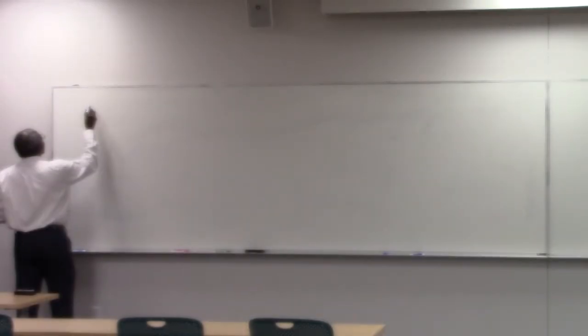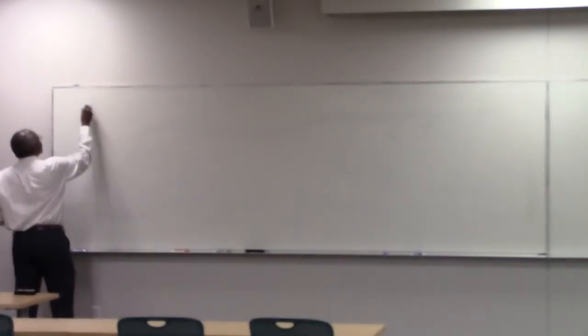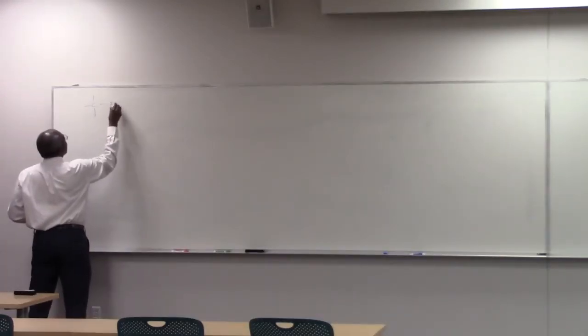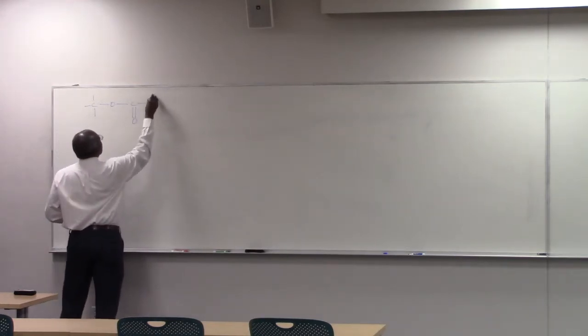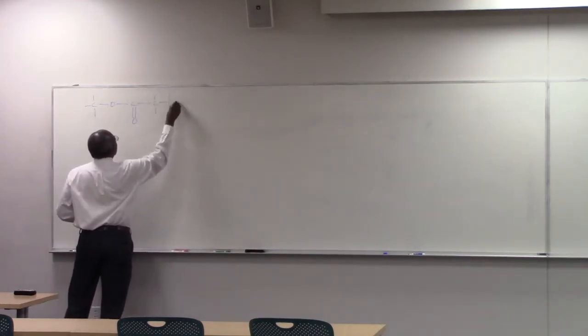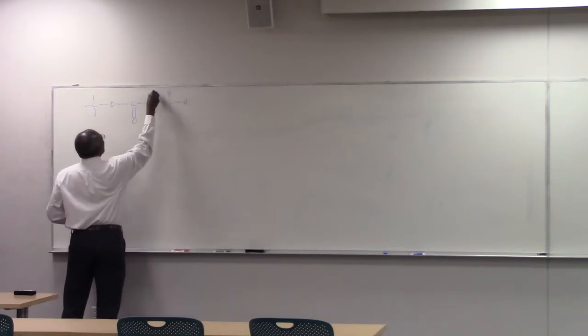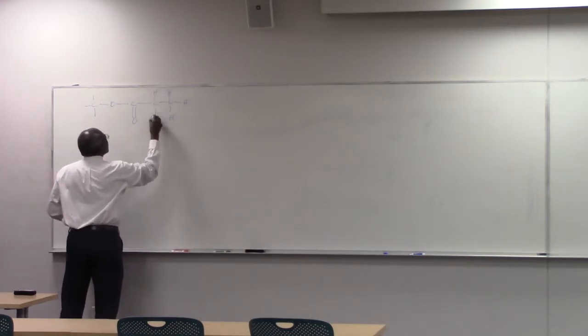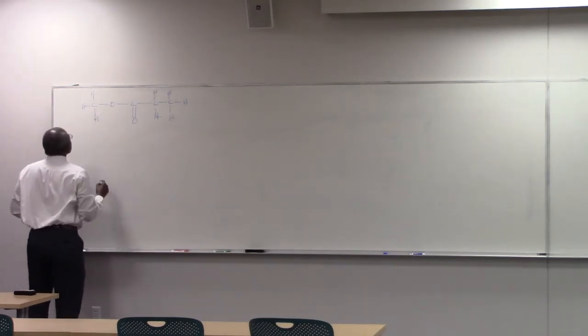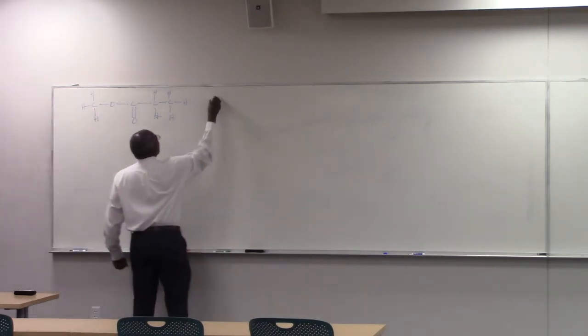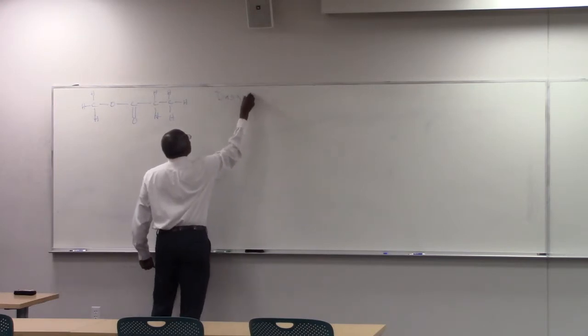So let's say I ask you to draw, because we were drawing isomers earlier, let's say this compound. So this is what we would call a dash structure.